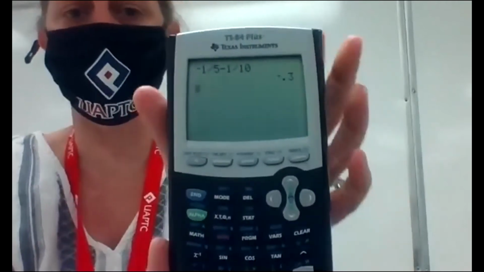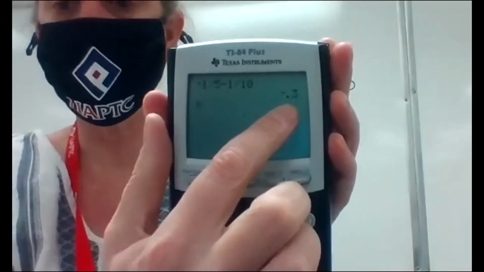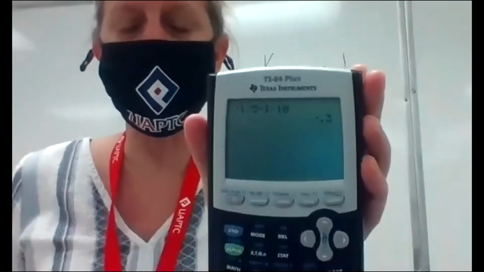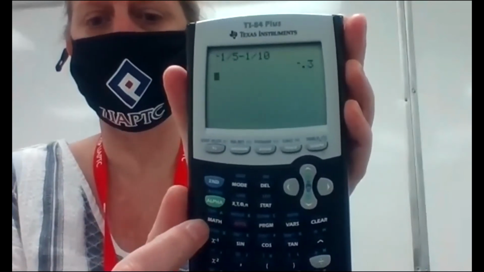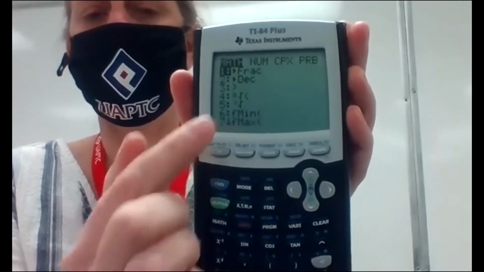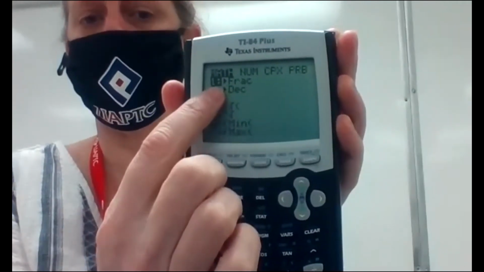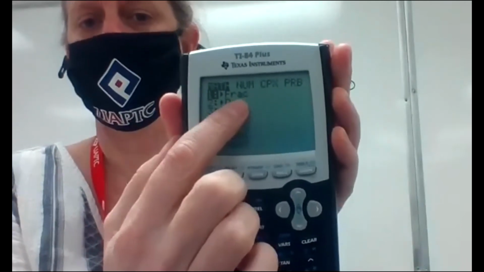So what I want to do now is turn this answer into what it would be as a fraction. So you're going to hit this math button. The very first thing under the math button is turn my answer into a fraction. So hit enter.